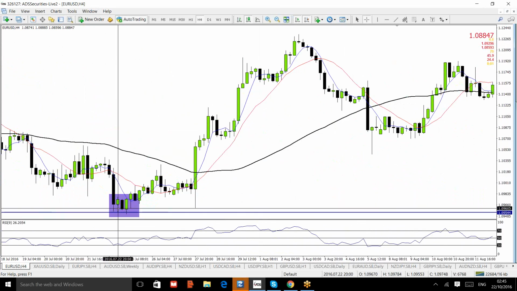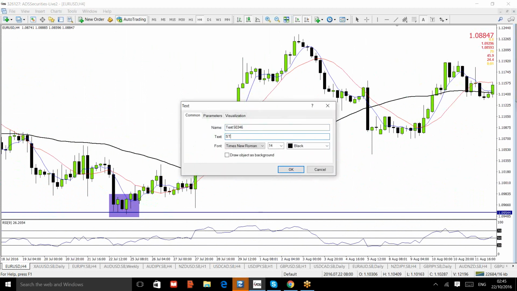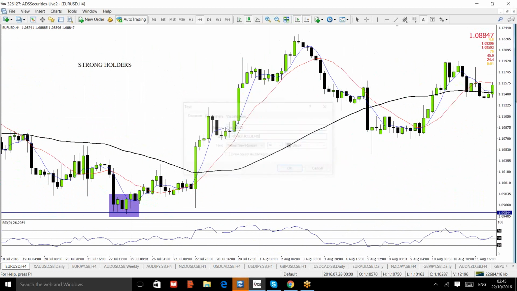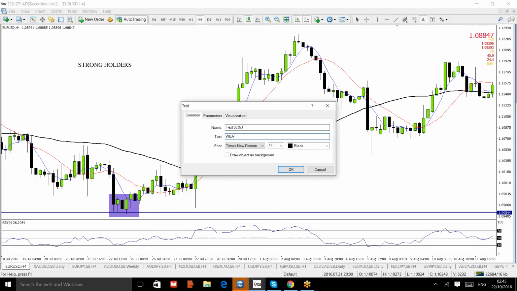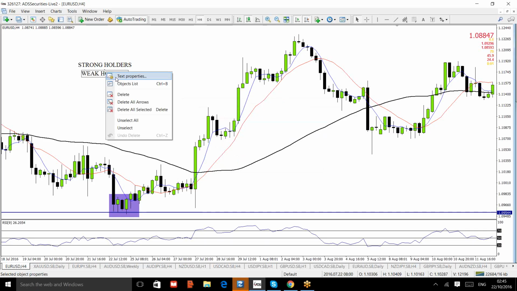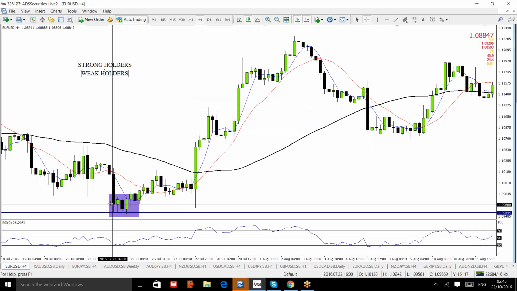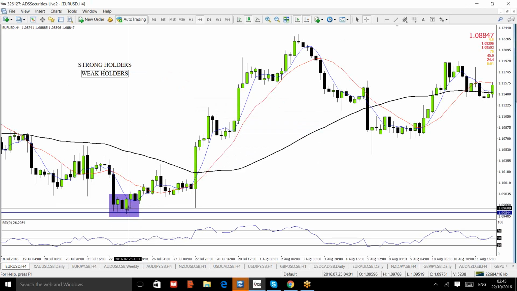Remember, there's no signal yet that institutional buyers are in the market. Remember, there are two sorts of holders: strong holders and weak holders. We want to see strong holders, buyers, in this market, guys.